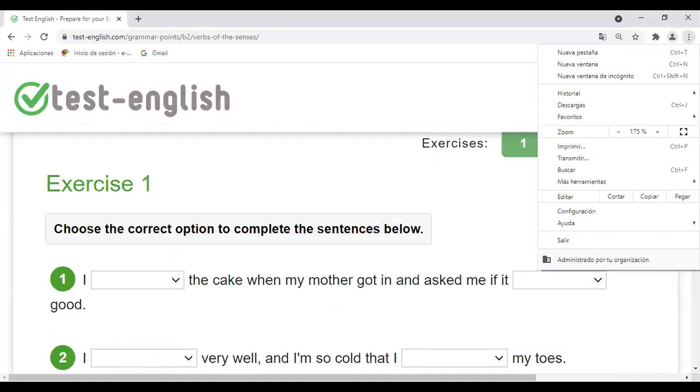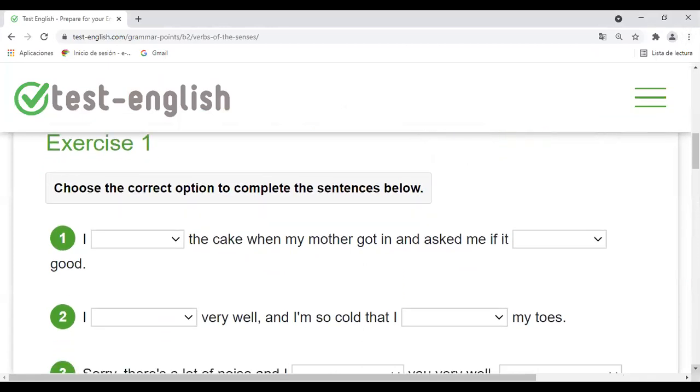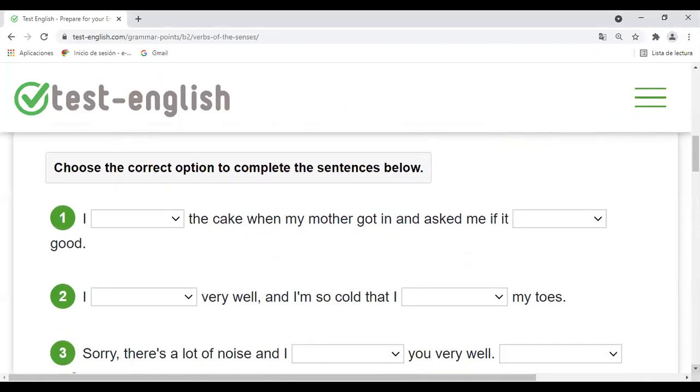Okay, so in here there's a multiple choice option, and I want you to choose which is correct for each of the sentences. We have number 1, the cake when my mother got in and asked me if it was good.